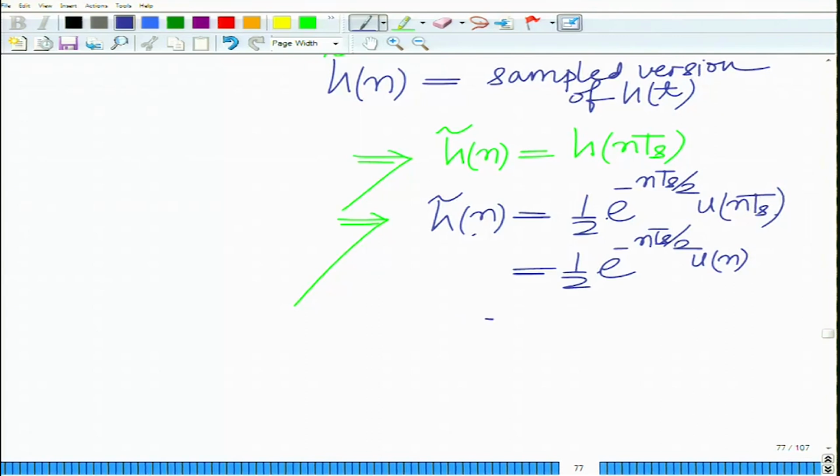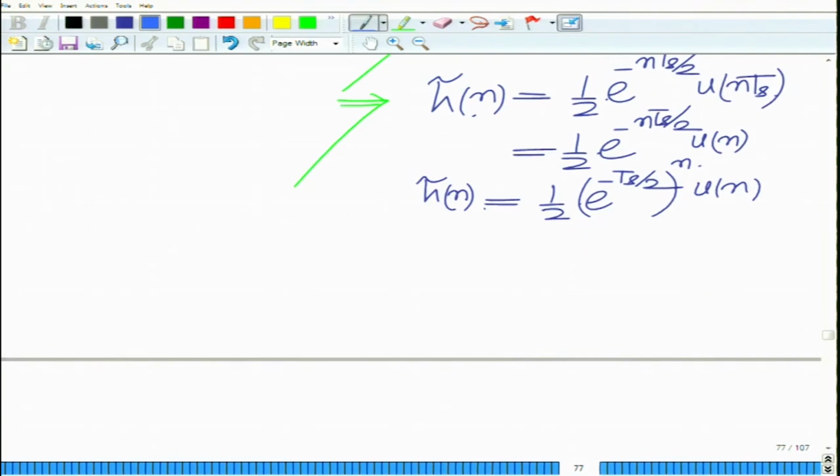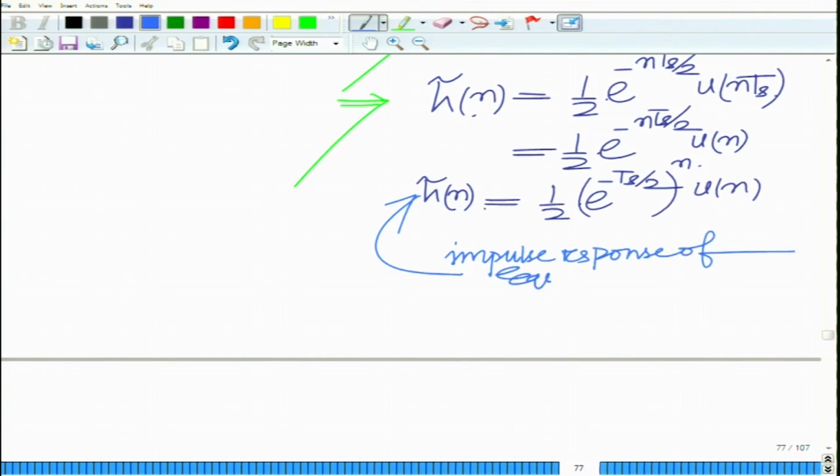So, h tilde[n] is equal to half e raised to minus Ts over 2, raised to the n, u[n]. This is the impulse response of the equivalent discrete time system.